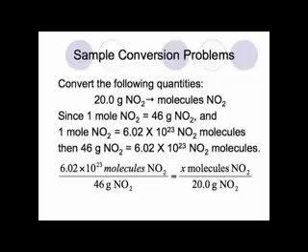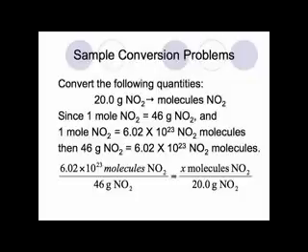But oftentimes it's a little harder for us to make the connection that if 1 mole of nitrogen dioxide is 46 grams of nitrogen dioxide, and 1 mole of nitrogen dioxide is 6.02 times 10 to the 23rd nitrogen dioxide molecules, then 46 grams of nitrogen dioxide would be equal to 6.02 times 10 to the 23rd nitrogen dioxide molecules. But it is, and it's a connection that we need to make.